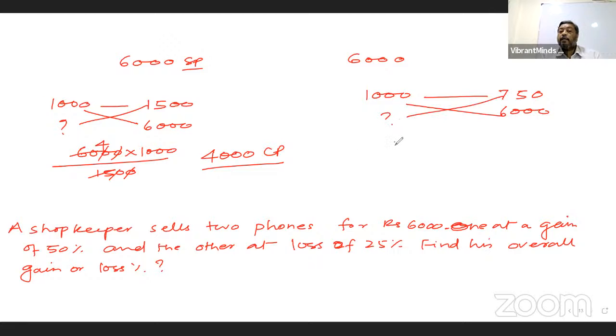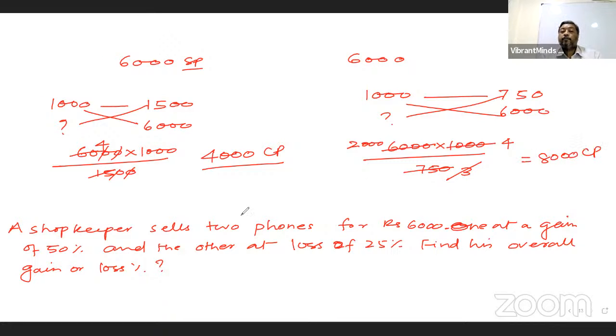Let's cross multiply, and it will be 6,000 into 1,000 divided by 750. So can I say 4 times, 3 times? 2,000 into 4, 8,000 is the cost price.